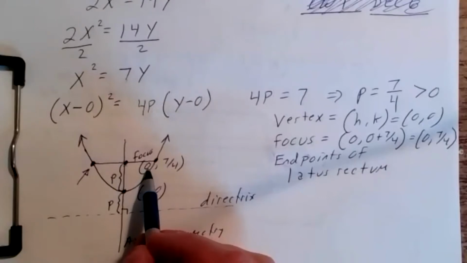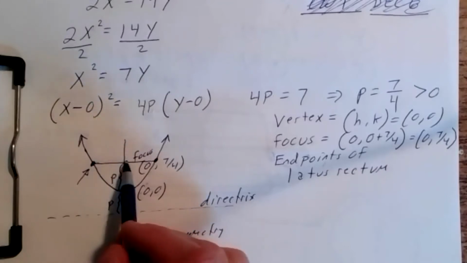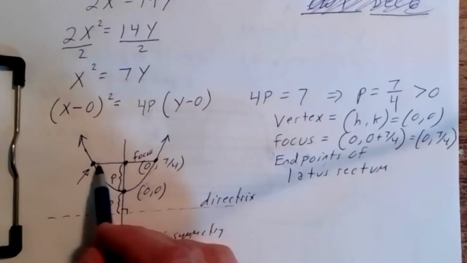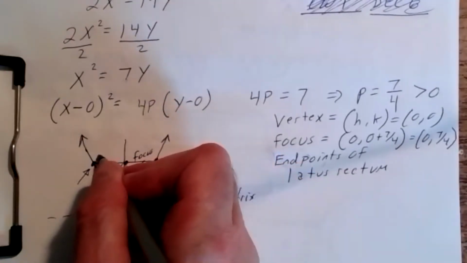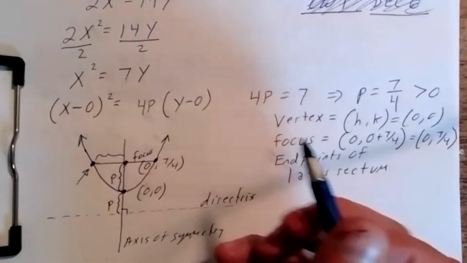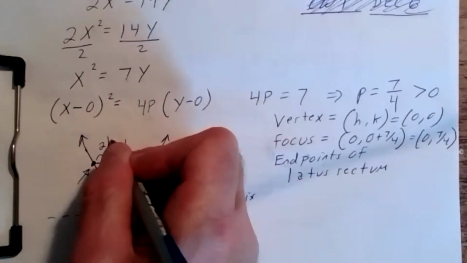Since your focal point is (0, 7/4), to move from your focus to the left endpoint, the X coordinate has to change by how much? What was this length again? Wasn't it 2 times the absolute value of P?